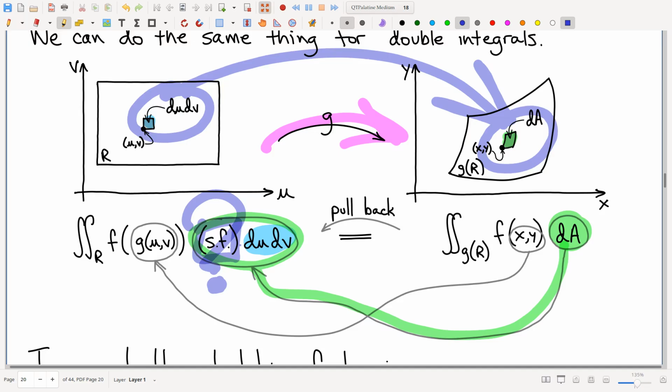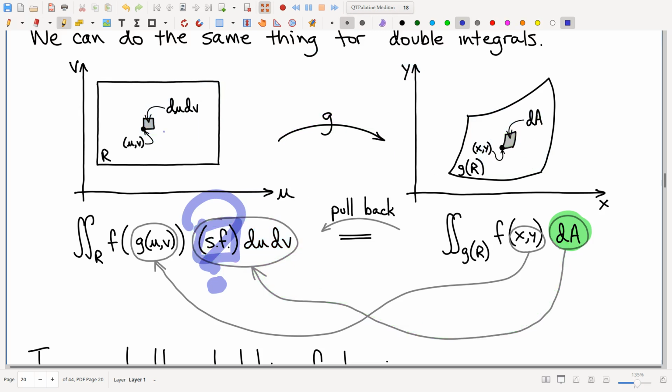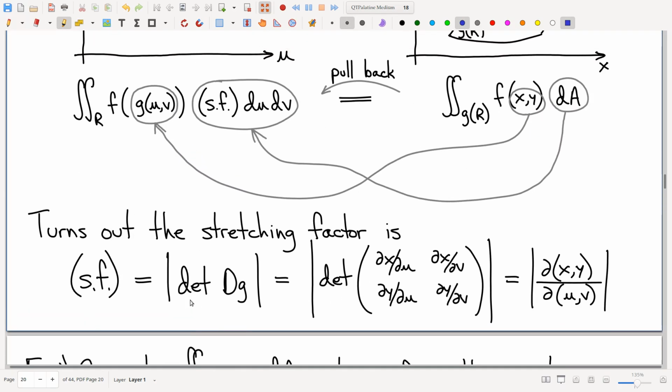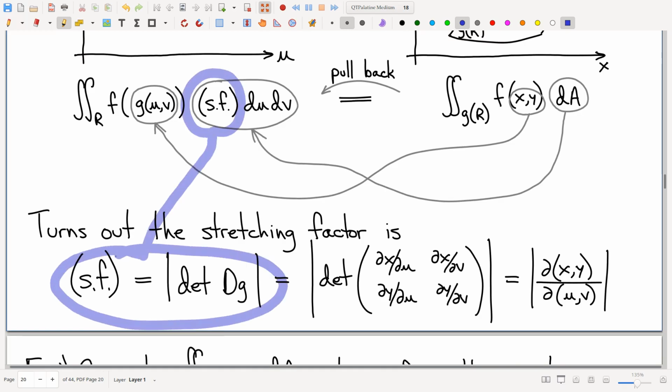All right. So, what is the stretching factor is the big question. I am, for the moment, just going to tell you what the answer is, and then we'll justify it later. This stretching factor is this formula right here.